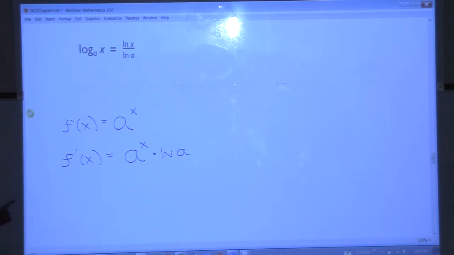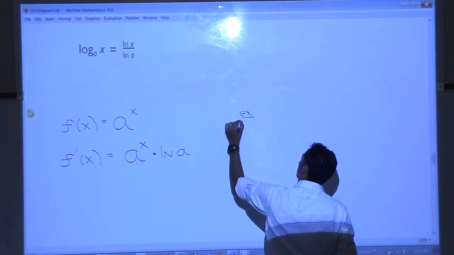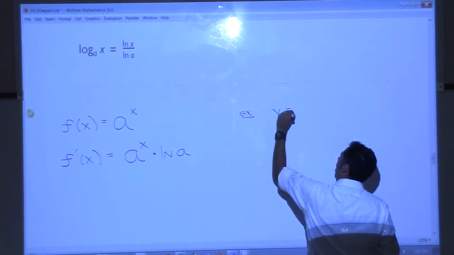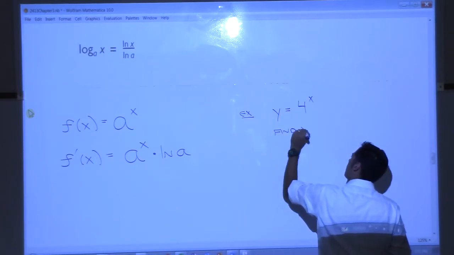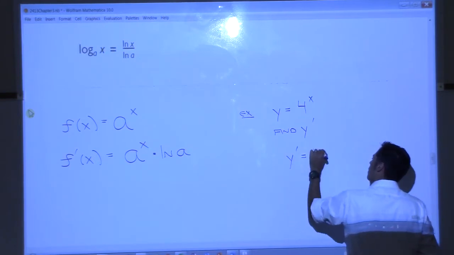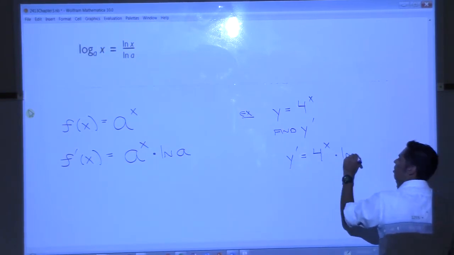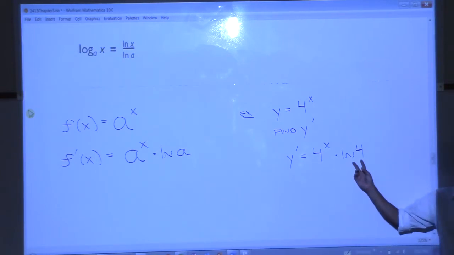Let's do an example of this. As an example, if I say, hey everyone, y is equal to 4 to the x, find y prime, you would tell me it's what? 4 to the x times natural log of 4. Now, natural log of 4 is just a number, isn't it?